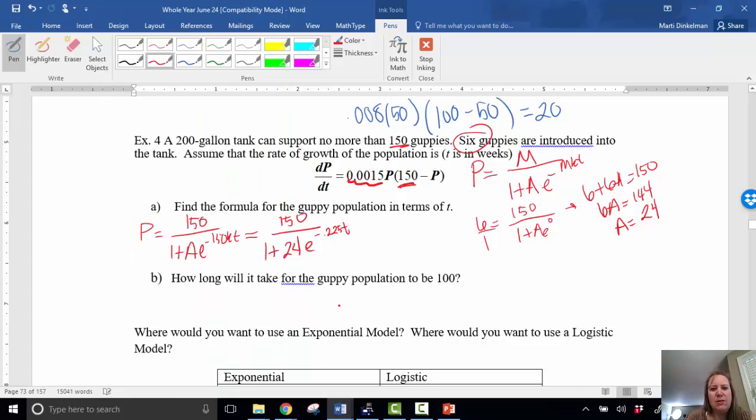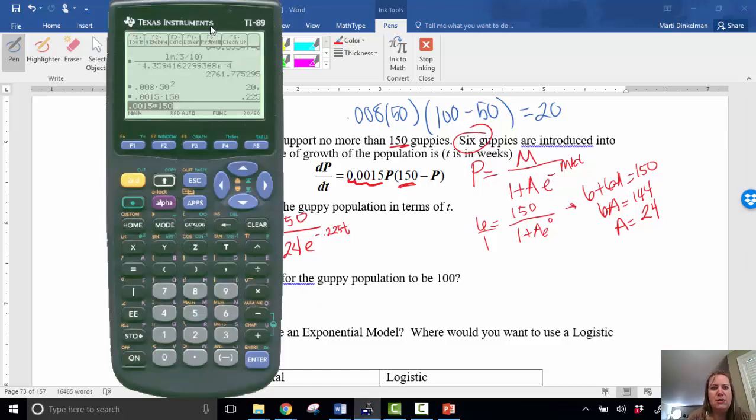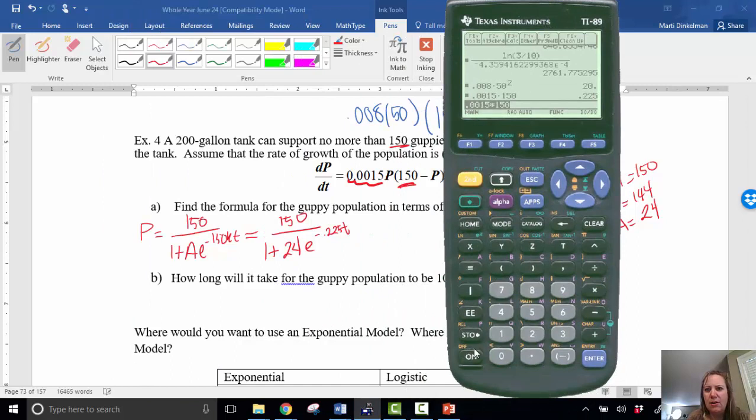Okay, so then we can answer this question, how long will it take for it to be 100? So let's go ahead and just use the solve feature here just to make our life easier and maybe for me to remind you about how to solve. So F2 algebra, we have solve, and we want this thing to equal 100. So 100 equals 150 divided by 1 plus 24 e to the negative 0.225t.